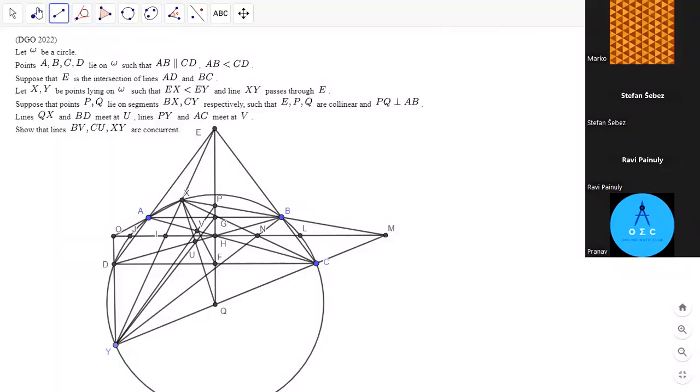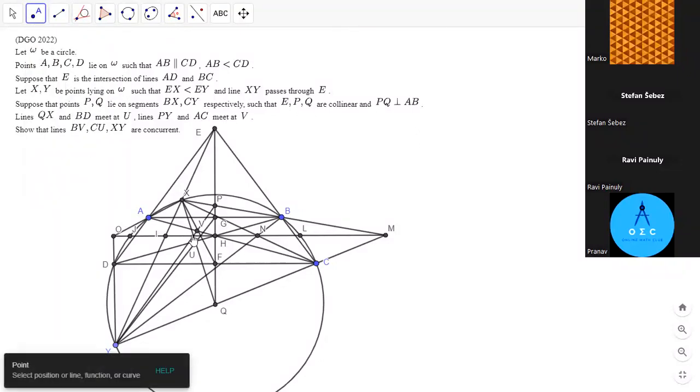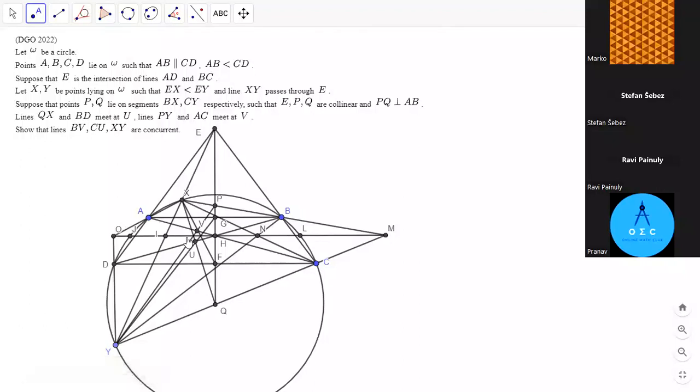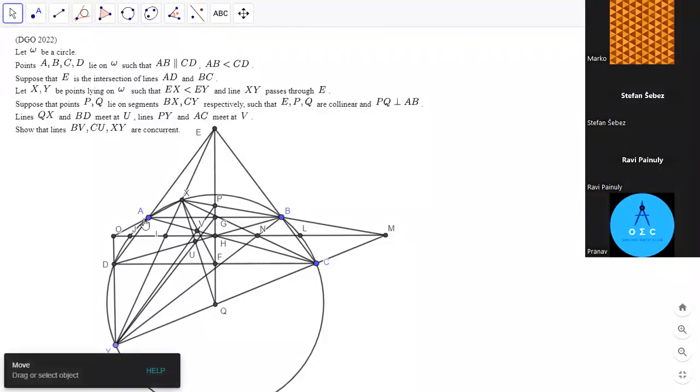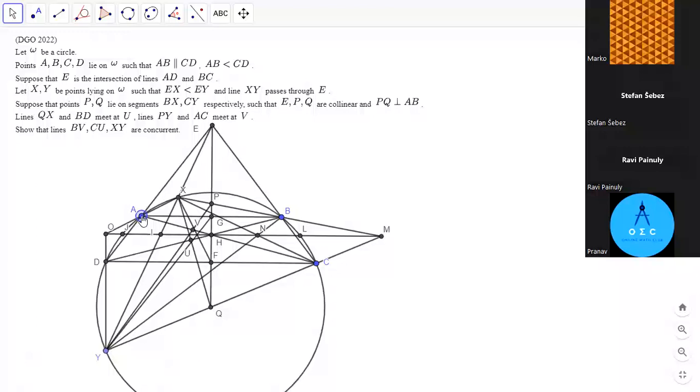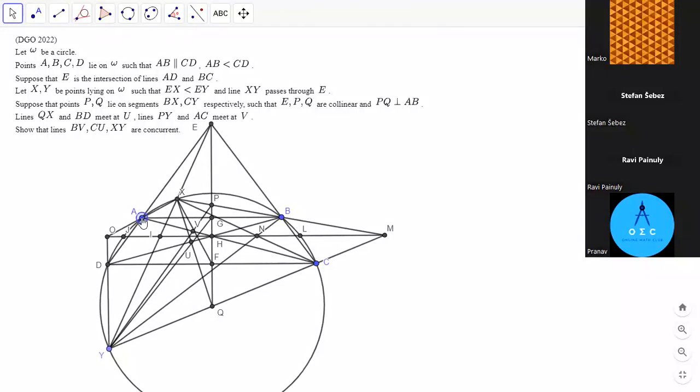So we have a lot of things, and these two I'm not as sure about, so this and this, XF and YG. I'm just going to delete those. I don't know why those intersect on the polar, but I don't know if we need that.